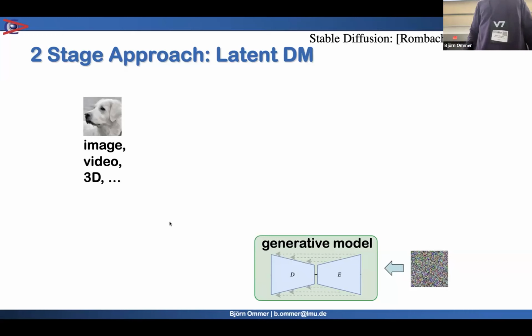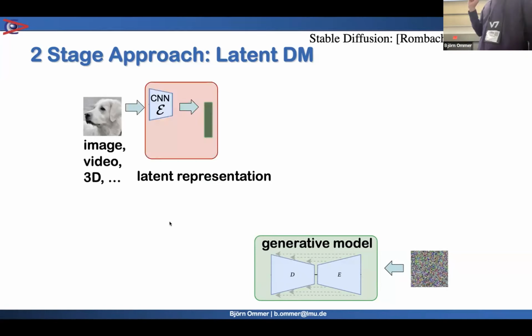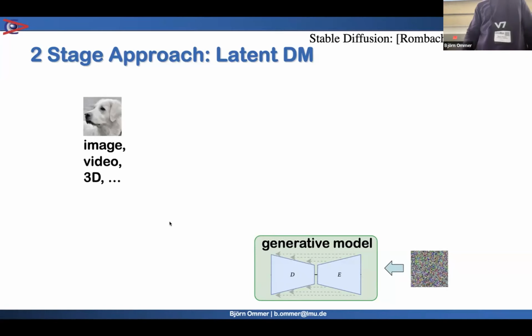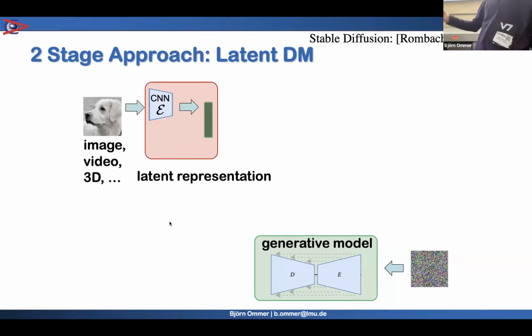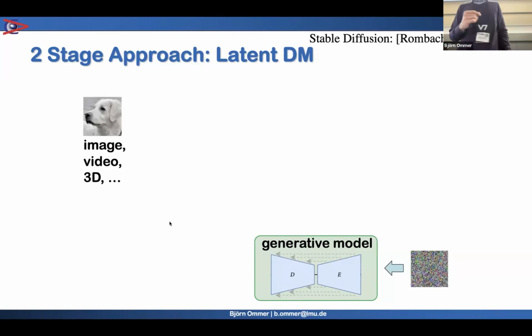A two-stage approach, which in the first stage essentially does perceptual compression. Essentially learns to just focus on the details that matter to you and I, and have this generative model. There we go. Have this generative model.